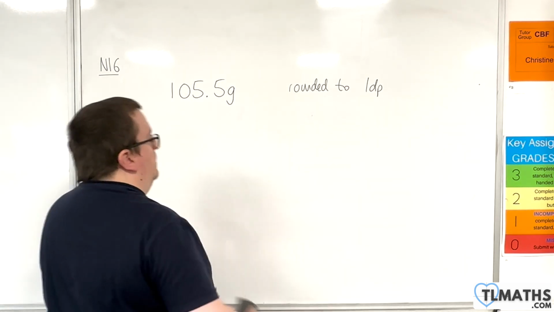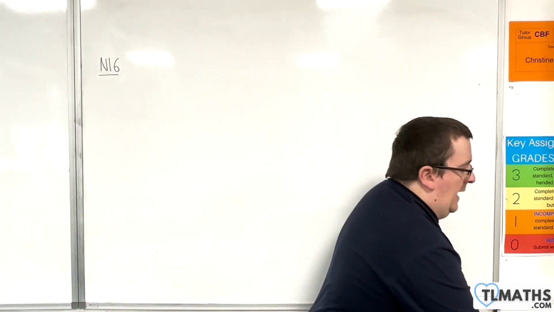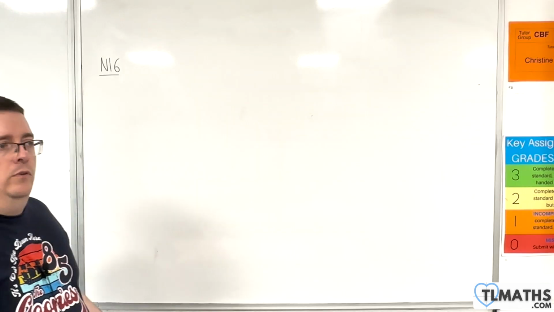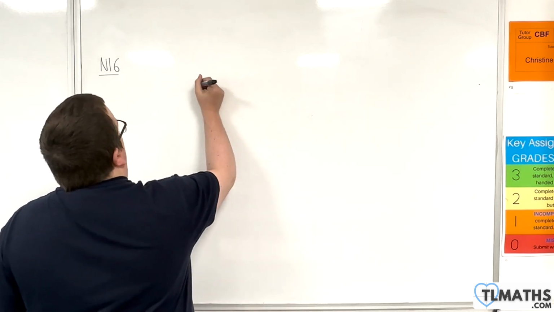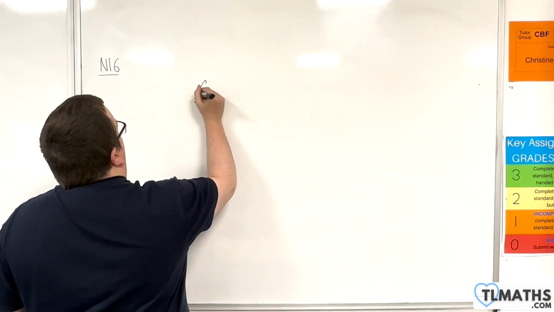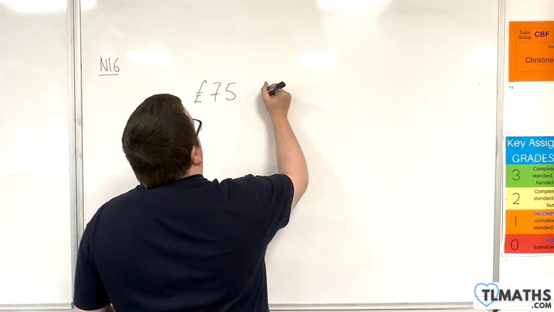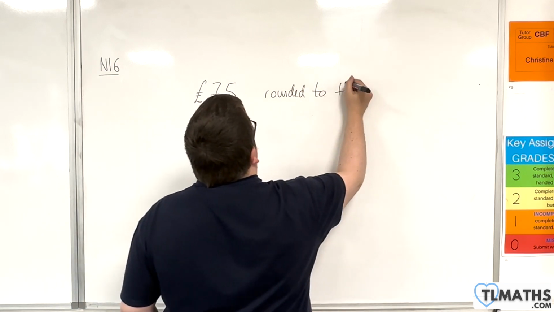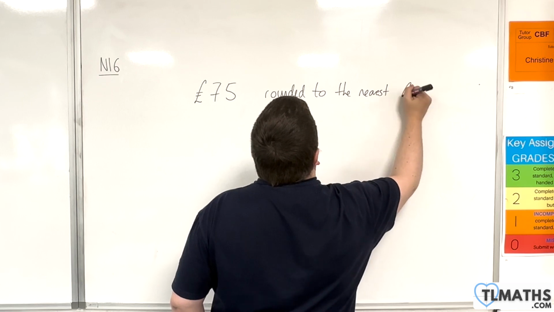it could be that we've got something in, let's say, monetary terms. So let's say it was £75 rounded to the nearest pound, to the nearest £1.